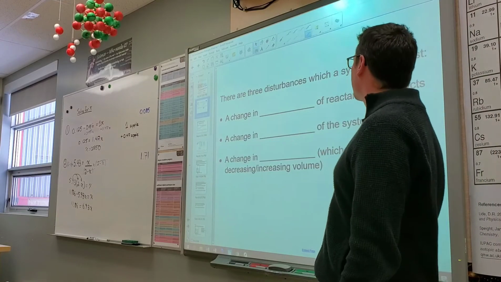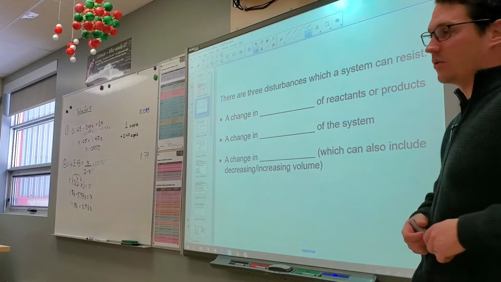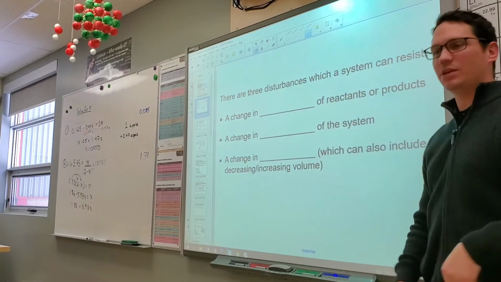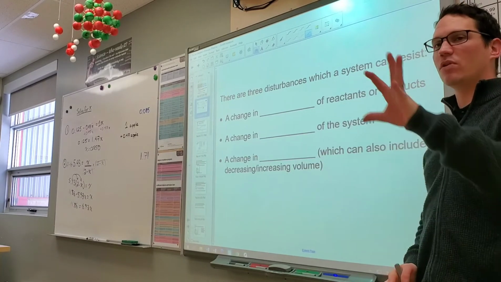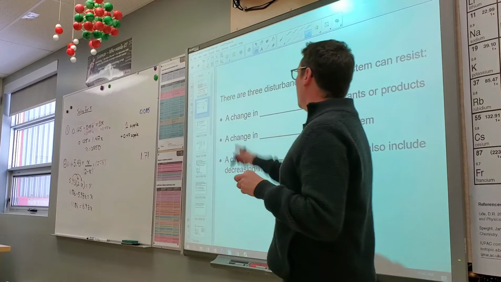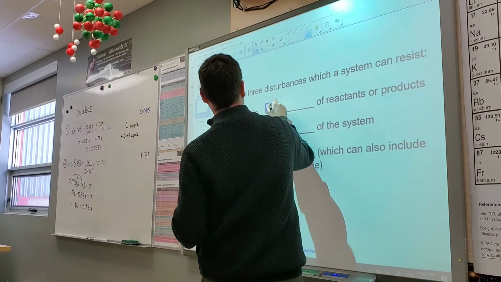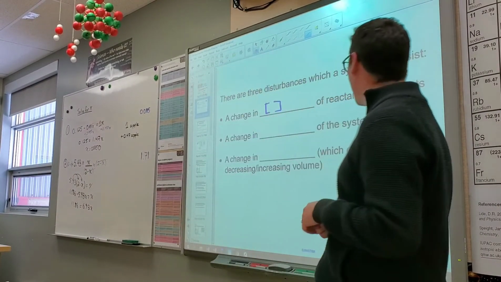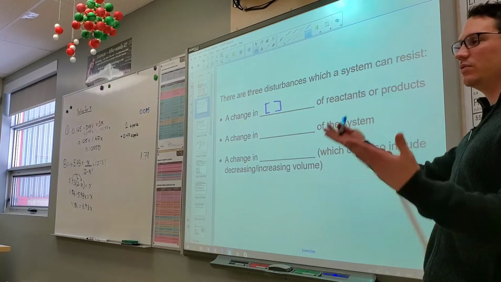There are 3 disturbances which a system can resist. We can do this to a system, and the system will claw its way back into equilibrium. We can change the concentration of reactants or products.